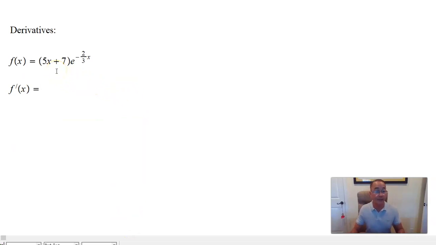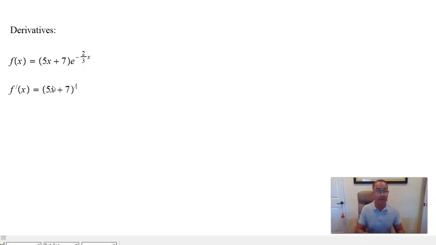What are the first and second derivatives? Okay, so we have a product here. We have to apply the product rule. Okay, so if this is u, this is v, then you can get the derivative as u prime times v plus u times v prime. Okay, or you can do it backwards. Okay, so let us put symbols.